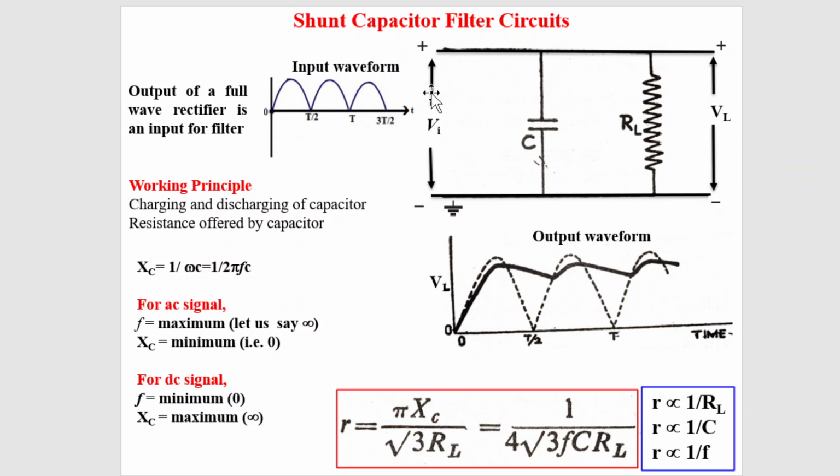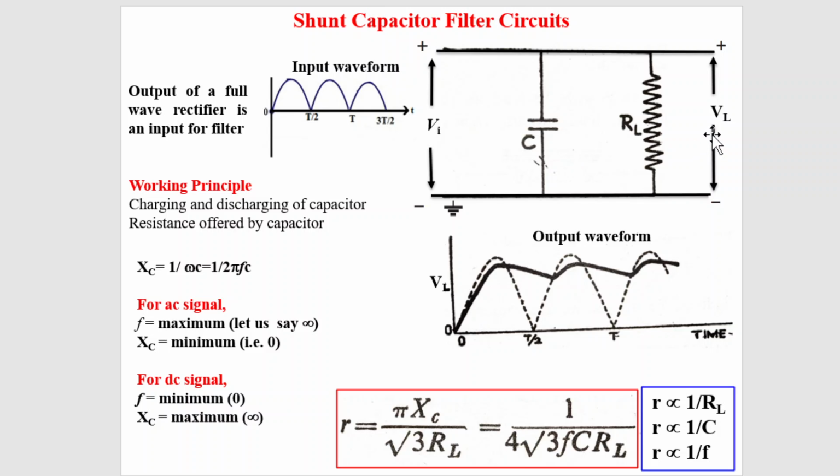So whatever AC signal is contained in the input will bypass through the capacitor and be grounded. Okay, so it will not appear across the load resistance, and whatever DC signal was blocked by the capacitor will appear across the load resistance, and therefore minimum variations can be observed from a shunt capacitor filter circuit.